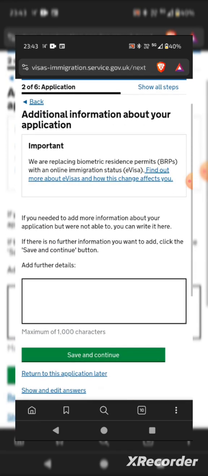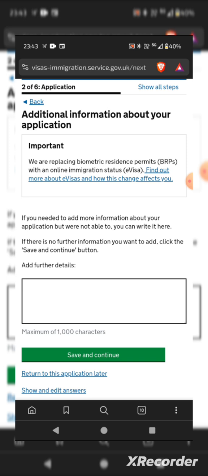Then the last step is just a general one. Any question that you have, any addition you want to add, this is the time you can add it here, in add further details. It's just simple. You have up to 1,000 characters. You can write as much as possible here.